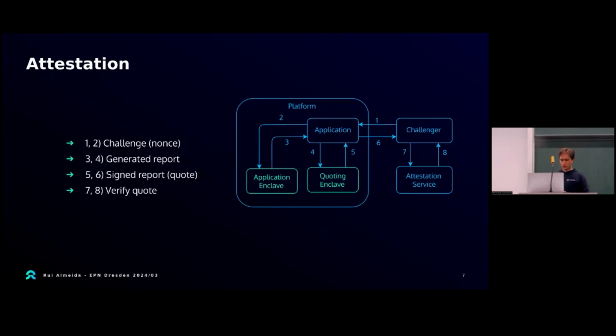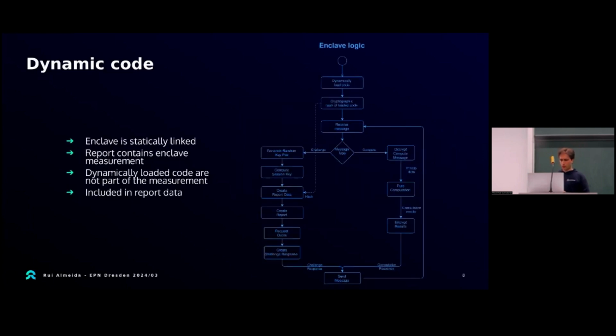Now, in the case of Klave, we are at the moment dynamically loading code. So when we start our enclave that contains the WebAssembly runtime, we then load code dynamically. Now, an Intel SGX enclave is a statically linked enclave, and so the measurement of that statically linked enclave will not reflect the code that has been dynamically loaded.